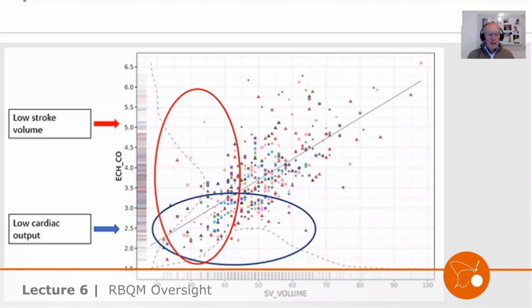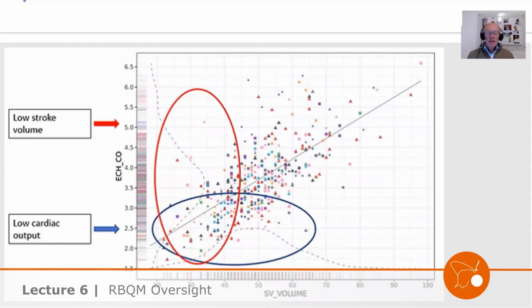And there's one in the left lower corner, very difficult to see, that has maybe 15 milliliters per stroke, which is really, really not good. So one may want to focus on those in the left lower corner.